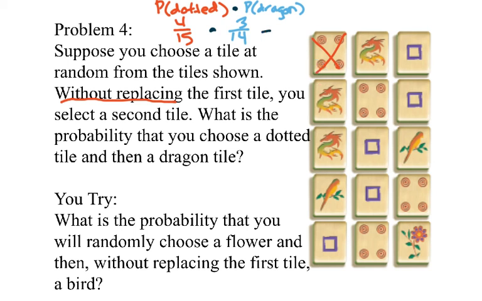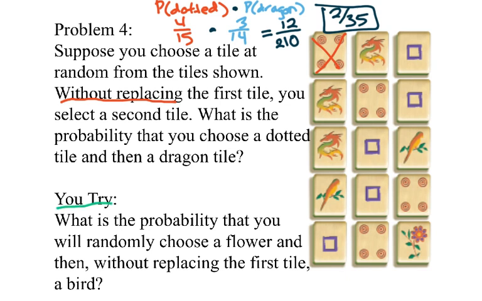When we multiply these, we get 12 over 210, which would reduce to 2 out of 35. Sometimes I find it easier to reduce first and then multiply, but either way is fine.